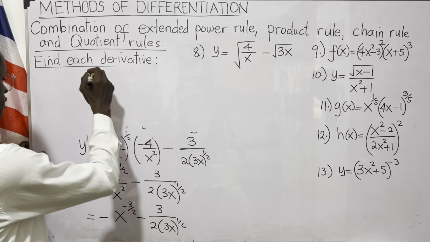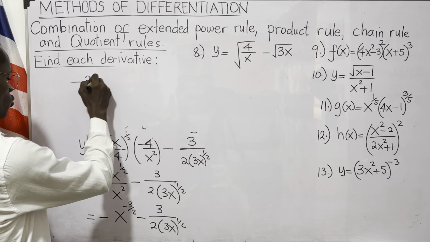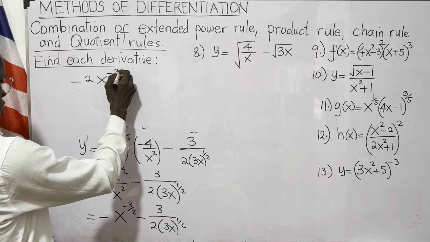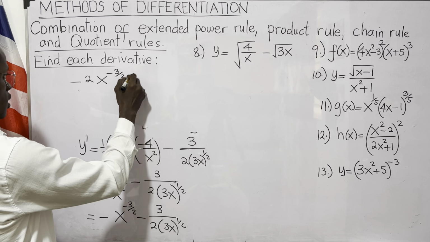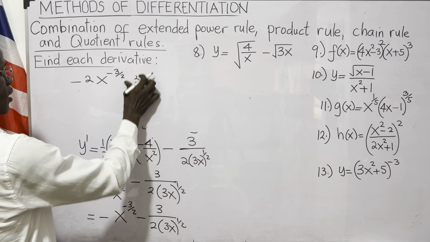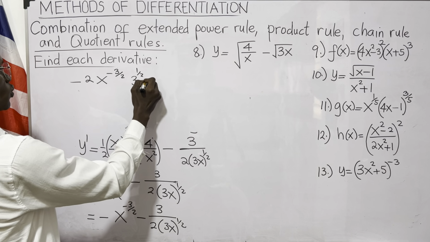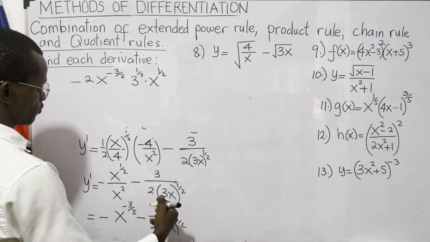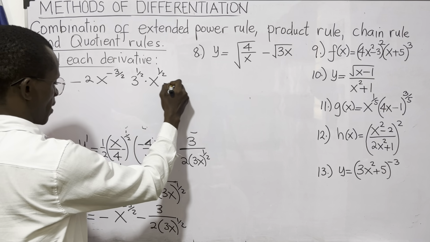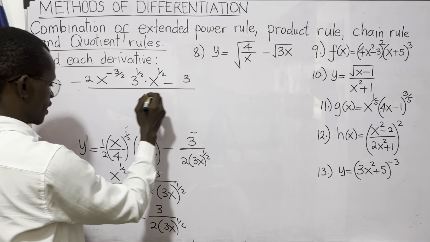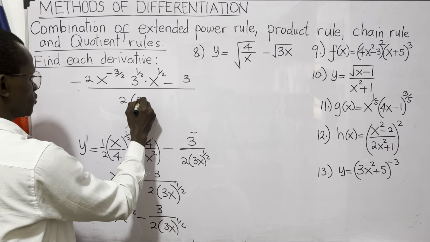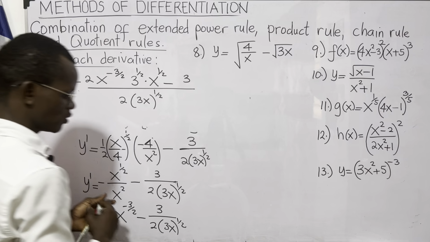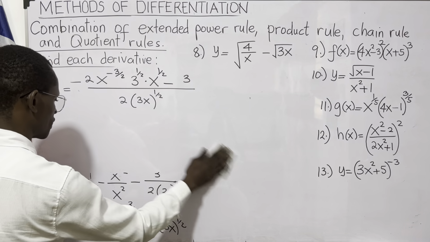So this times this gives us minus 2 x raised to the power minus 3 over 2 times 3 raised to the power 1 over 2 times x raised to the power 1 over 2, because it's 3x, you can open them up. Minus 3 all divided by 2 times 3x raised to the power 1 over 2. So I'm just simplifying the problem further. That's all.